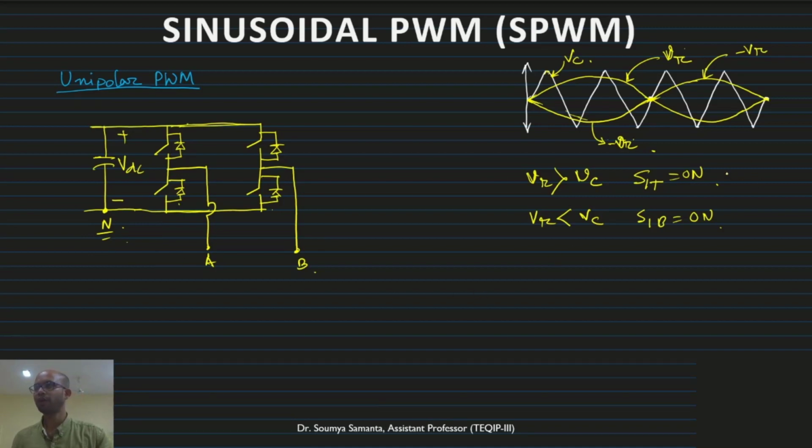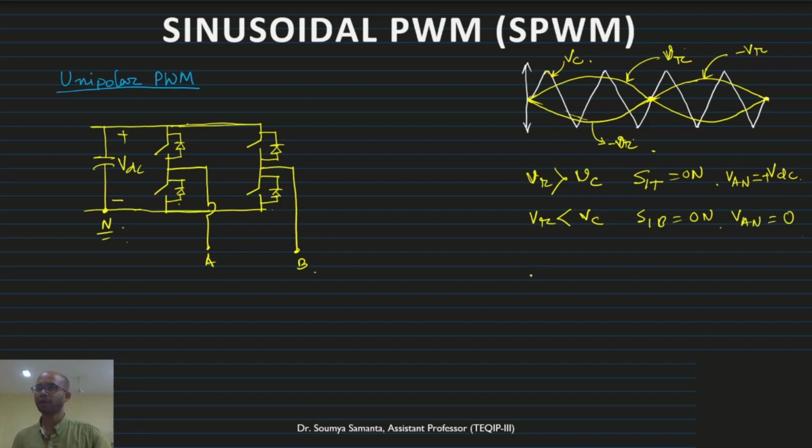So what will be VAN? VAN will be VDC when S1T is on, and in this case when S1B is on, VAN will be 0.